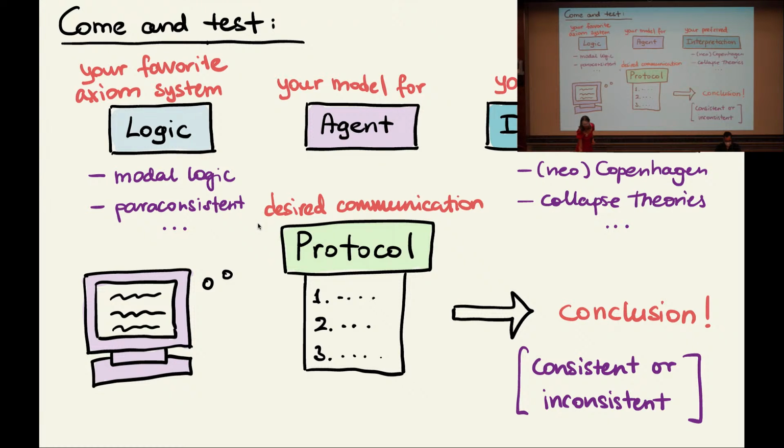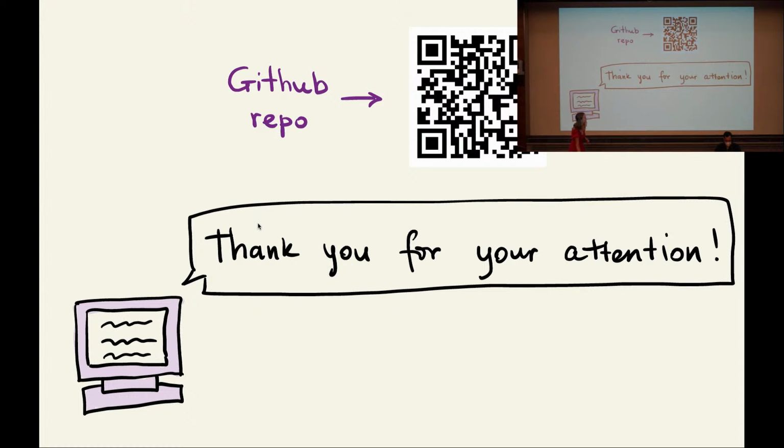Okay, all this software was developed on the basis of Project Q, which is one of the quantum programming languages developed at ETH, in fact. And now I thank you for your attention. Please check out the GitHub repo. And now Damian will give you a crash course on how to use Project Q and its machinery.